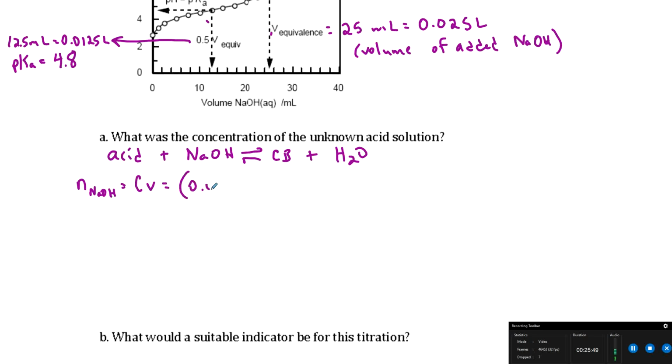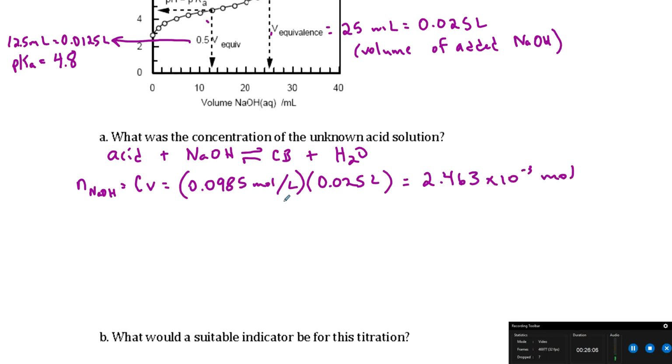The concentration is 0.0985 moles per liter, and the volume is 0.025 liters. And that equals 2.463 times 10 to the negative 3 moles.